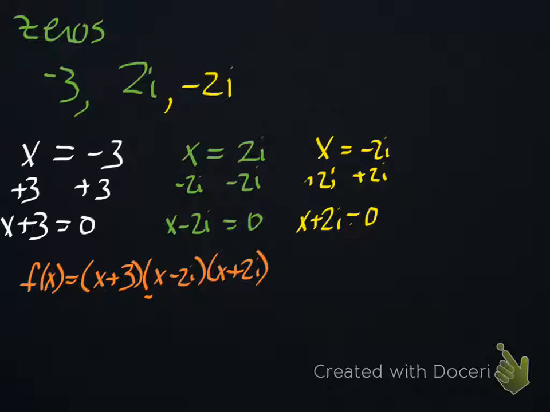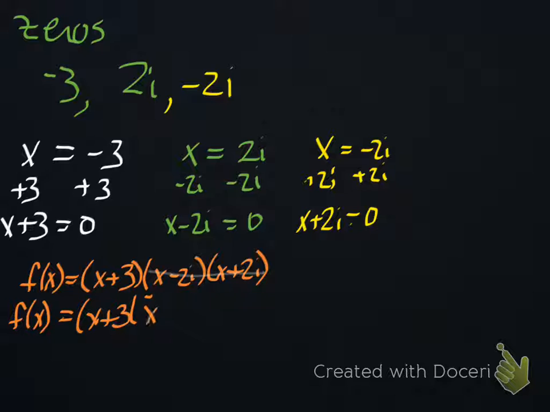If it wants it in standard form, that means you have to multiply it out. What I recommend always doing is starting with this section here, because they are the exact same with opposite signs. And this is always what's going to happen with these, when it's just a number like 2i or -2i.